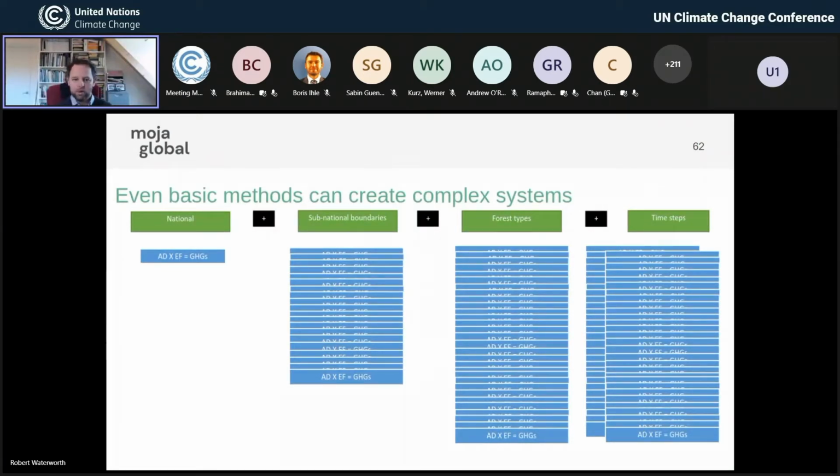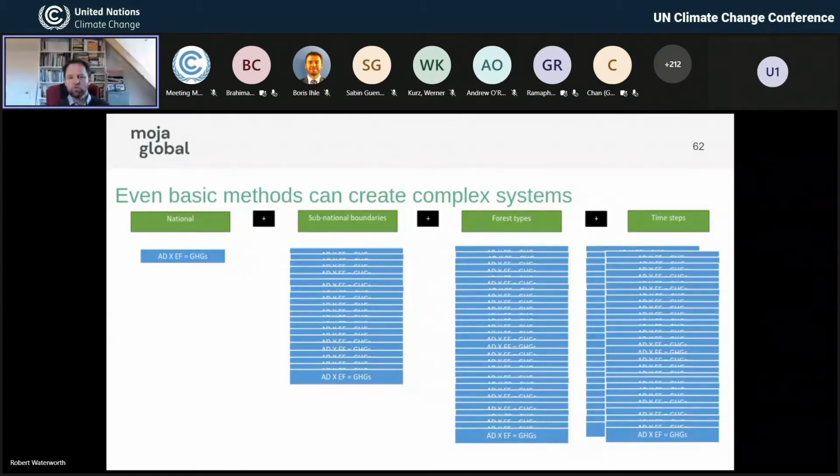If you then add the boundaries of subnational boundaries over forest types, you get a lot more. If you start adding the subnational boundaries over the forest types over time steps, you get a lot more. And you can keep adding more and more of these factors on here. And eventually a very simple equation, AD times EF, in an implementation perspective becomes extraordinarily complex.